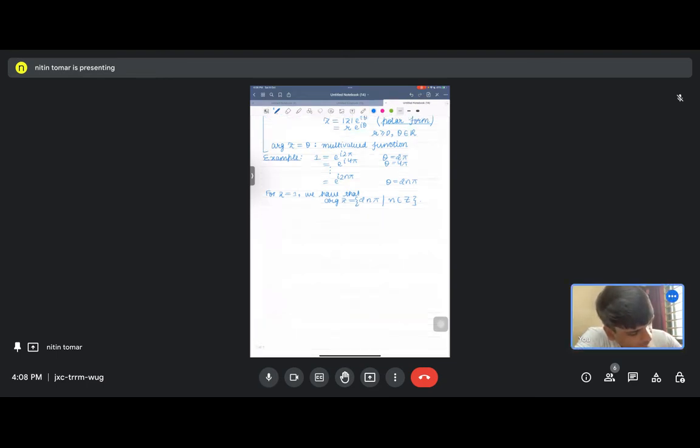So in fact, remark, for any complex number z naught, let's say you have one representation r e iota theta naught, then argument z naught will be this set 2n pi plus theta naught, yes or no?